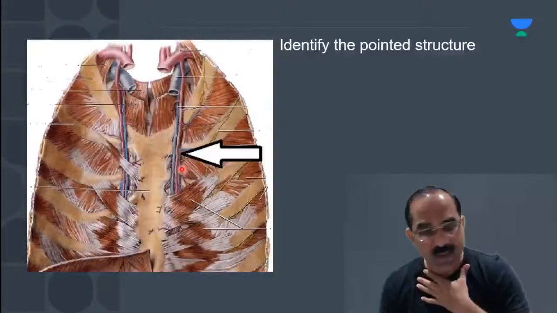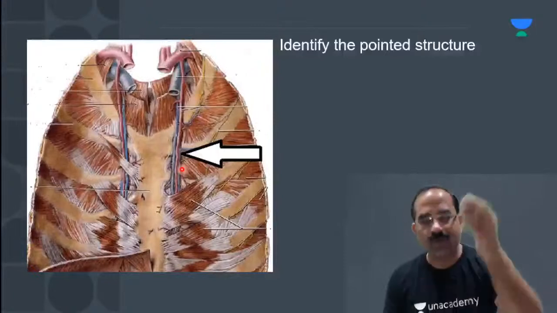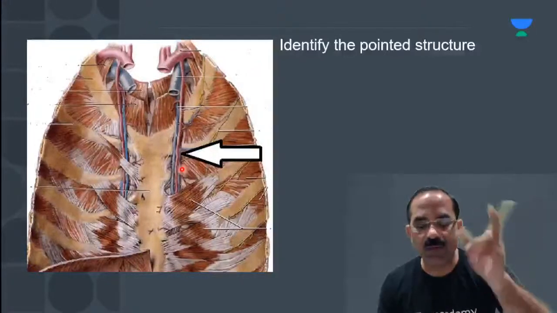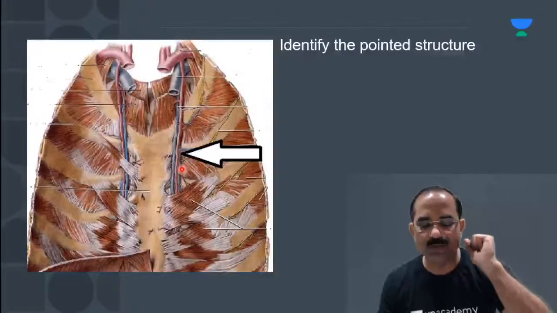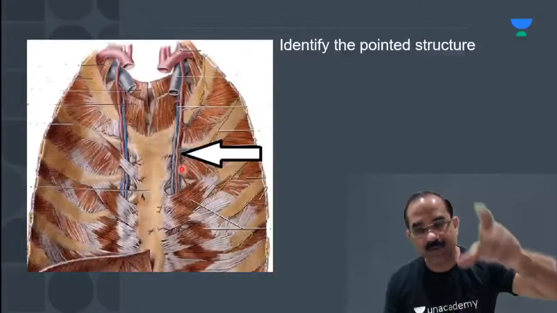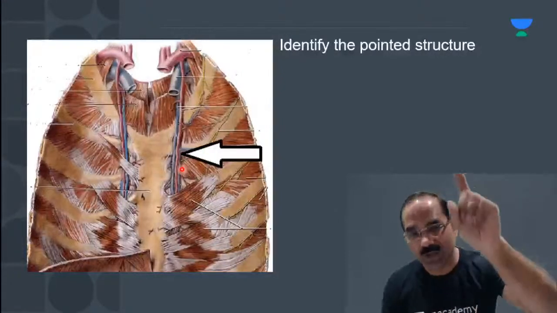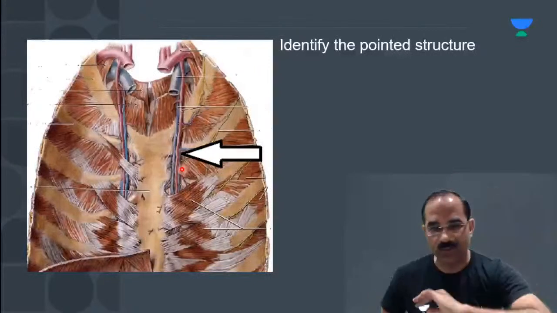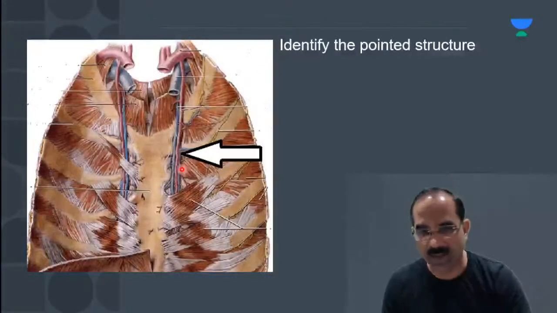If I have to search for the recurrent laryngeal nerve, Ritesh, where do I search for it? I search in the tracheoesophageal groove. There I'll get the recurrent laryngeal nerve.